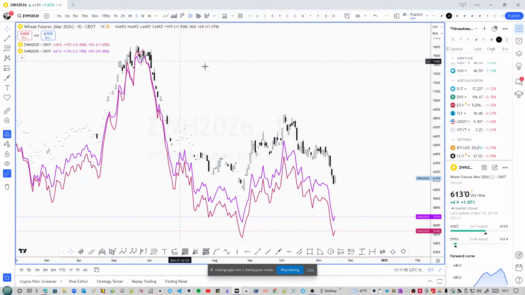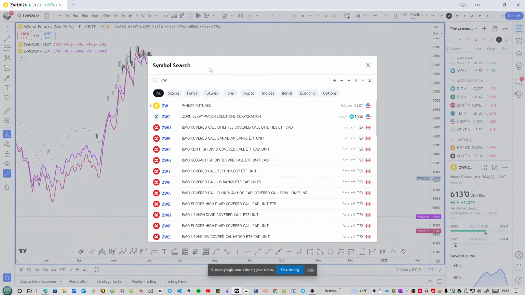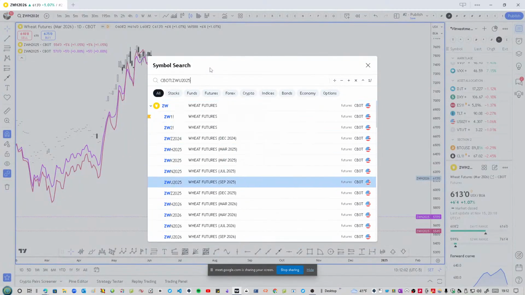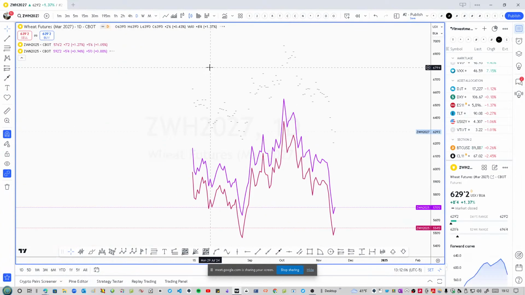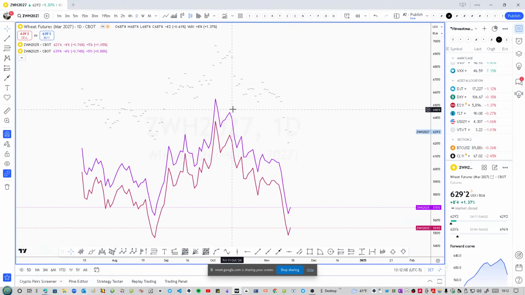And that is the reason for that. I mean, we can go, for example, into wheat future March 2027. Here, you see obviously not many people, just a few people, whoever traded these prices, but you don't have any clean price action here.